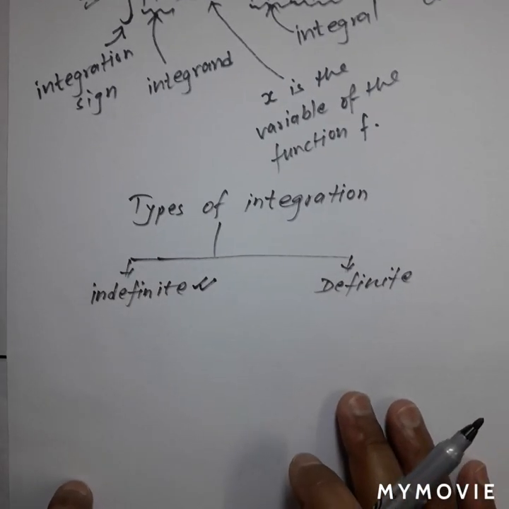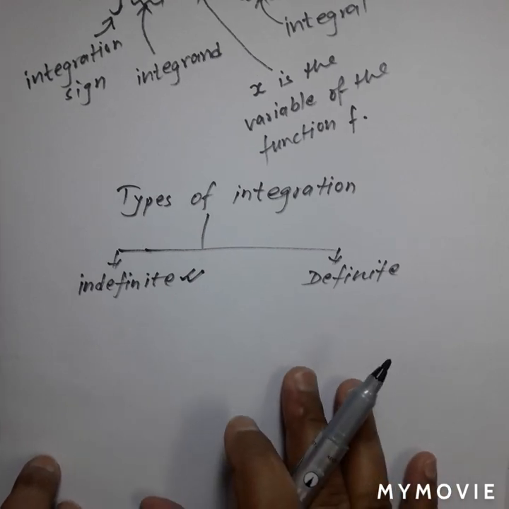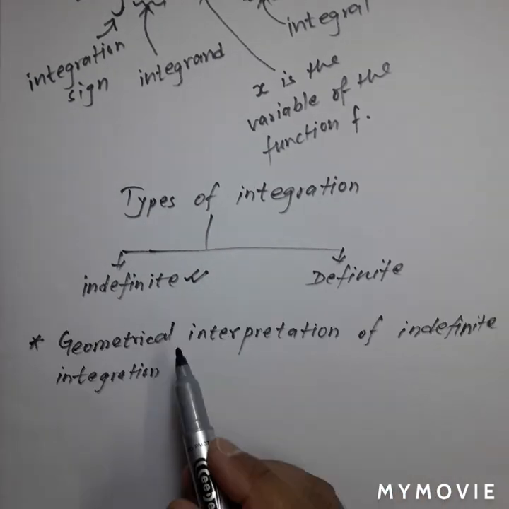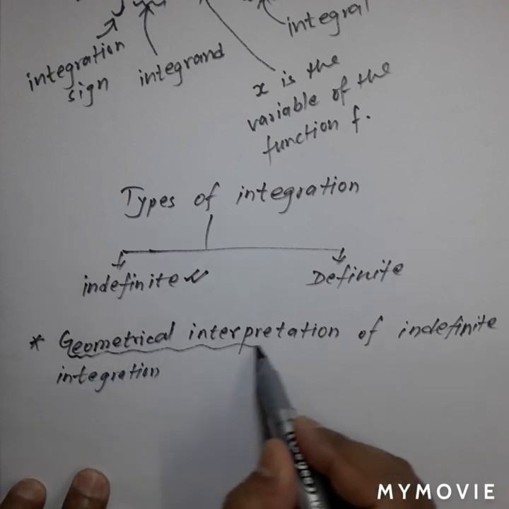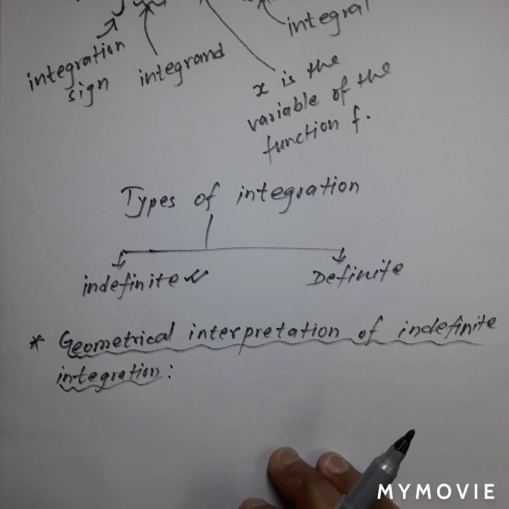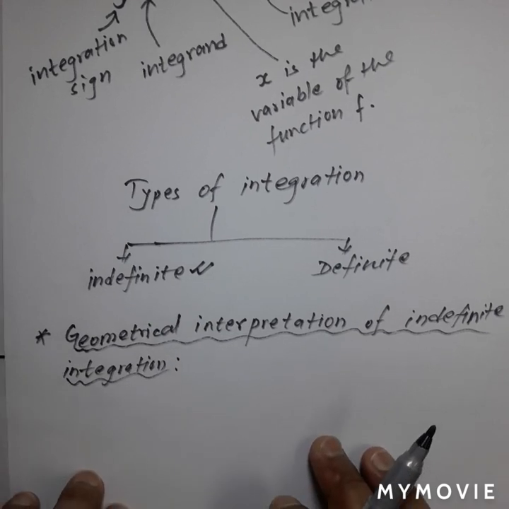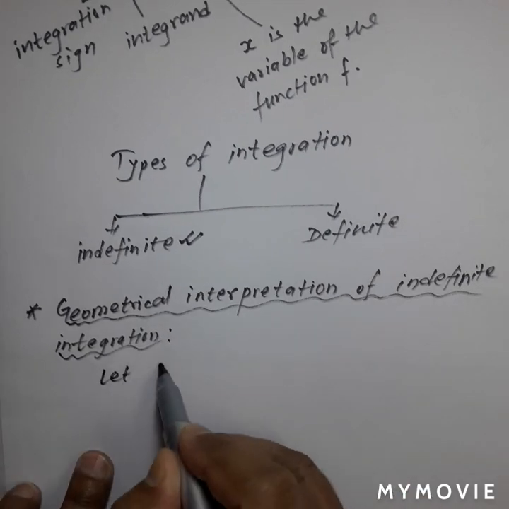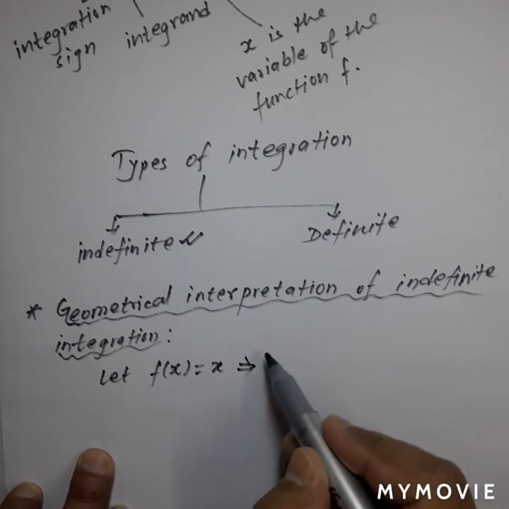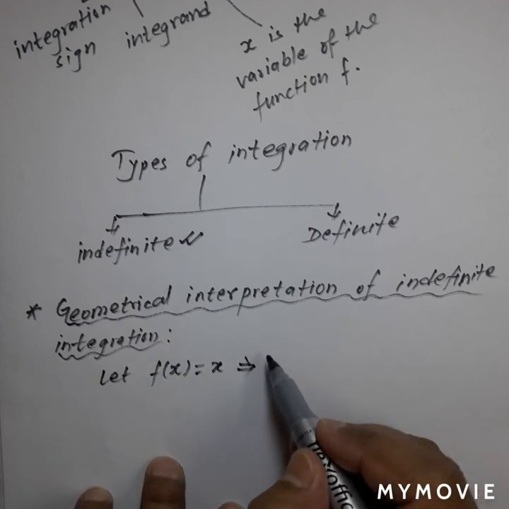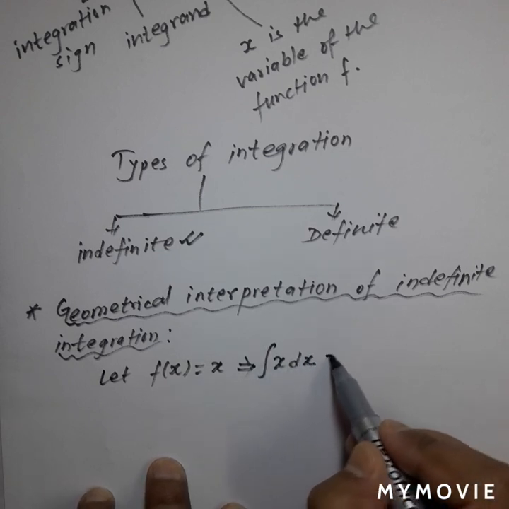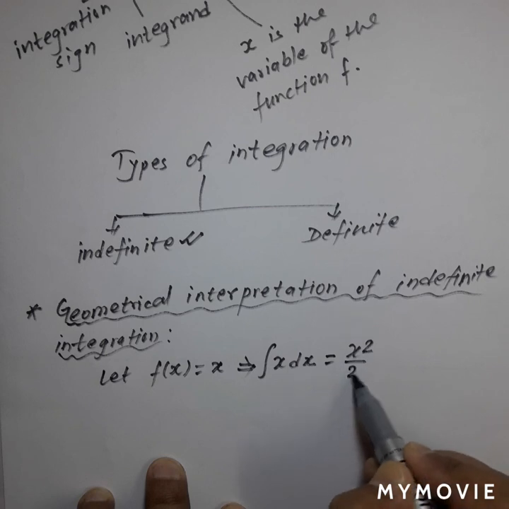So here, after knowing this, let us discuss the geometrical interpretation of indefinite integration. Now take one function, let f(x) equals x, then we can find its antiderivative: antiderivative of x with respect to dx is x square by 2 plus c.